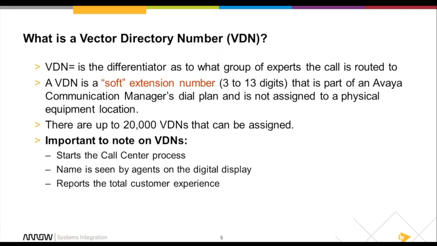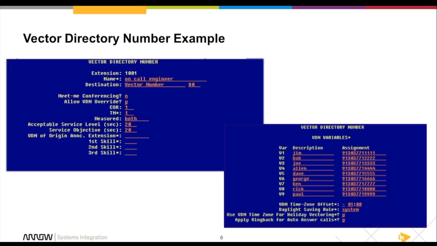Also, when a call comes into an agent, the digital display on the Avaya phones will show "my number," the word "to," and then the VDN name. This helps the agent answer the call because they may be in multiple different skills, and they may be Spanish speaking or French or English, and it helps them answer the call. And then it's the total customer experience when you look at your reports.